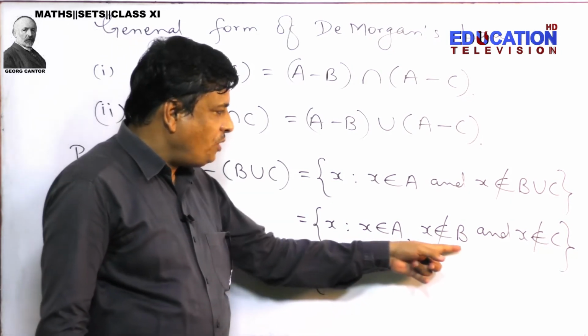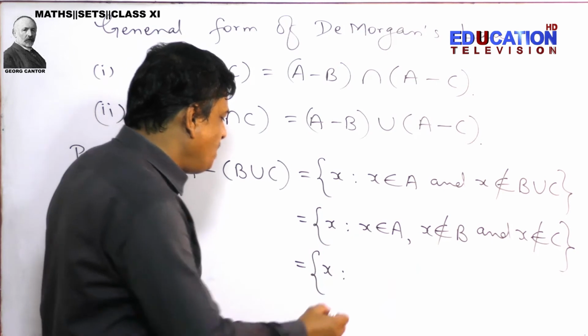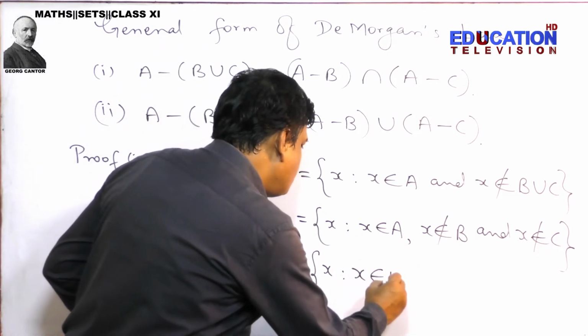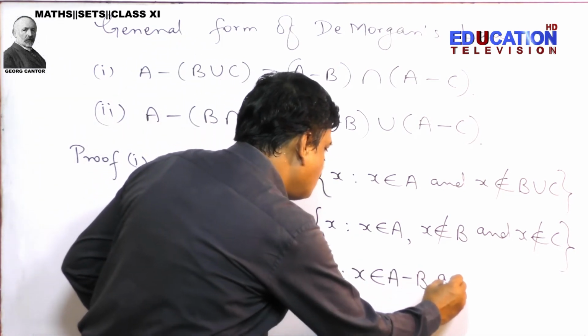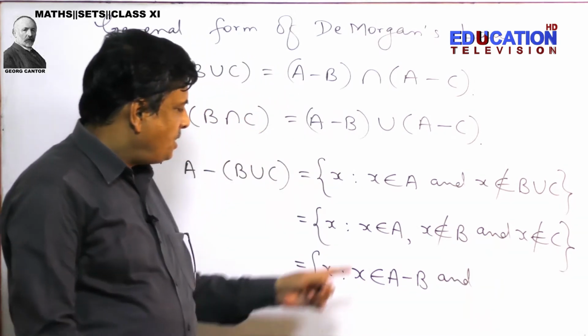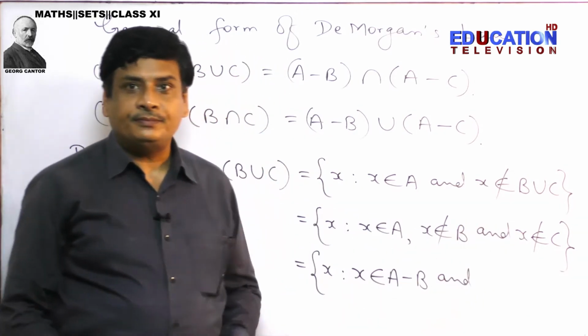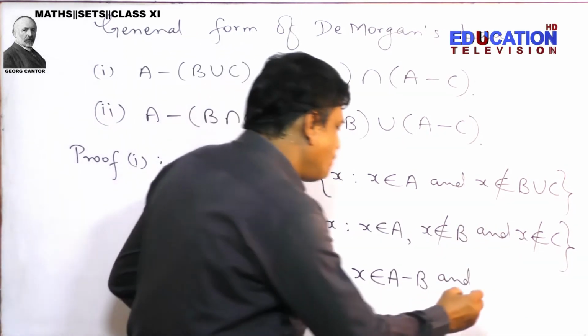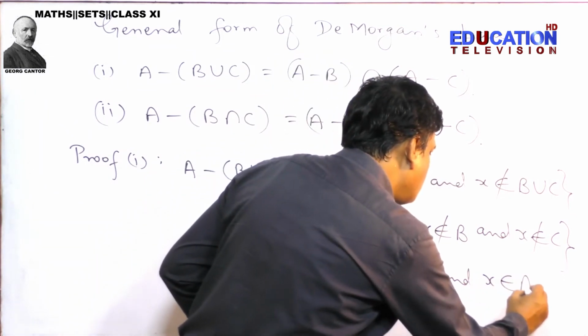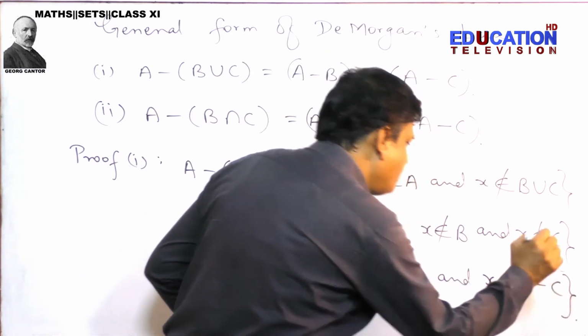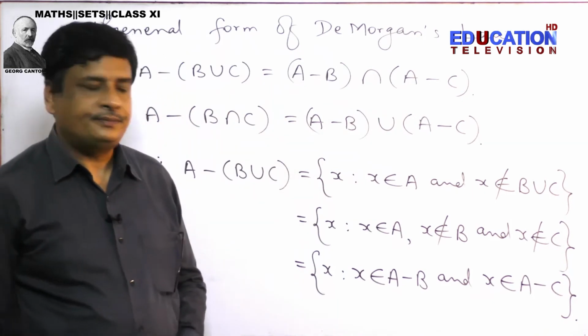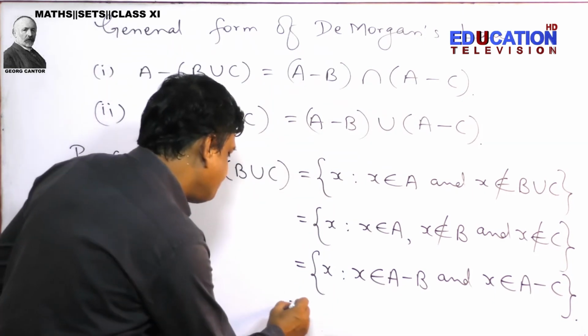X is in A, not in B. It means X belongs to A minus B. And also X is in A, not in C. It means X belongs to A minus C also.